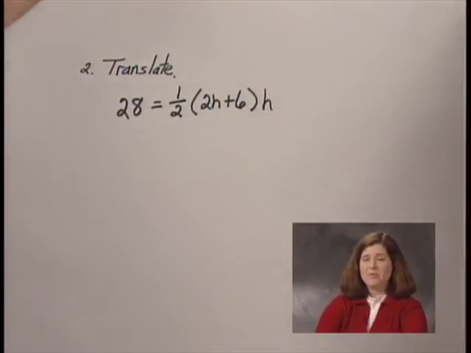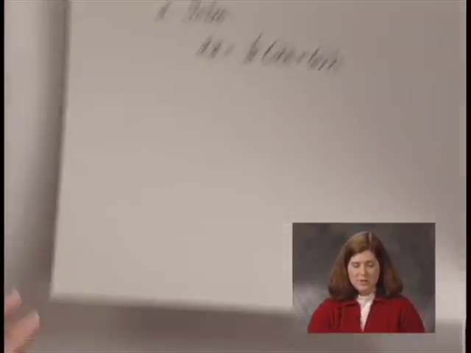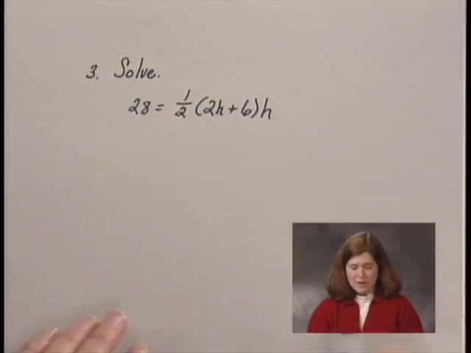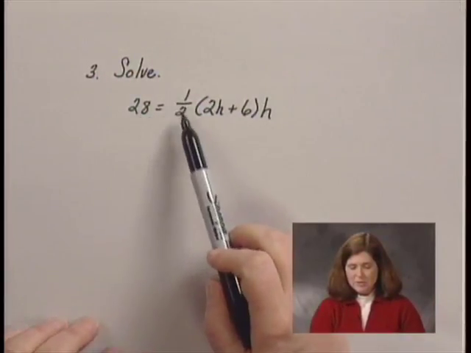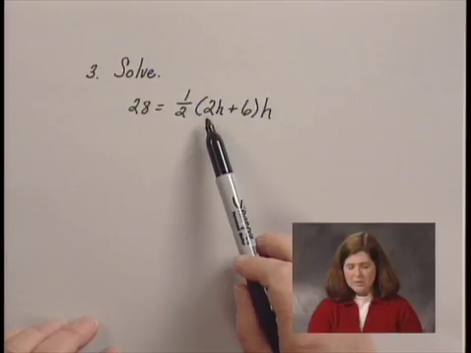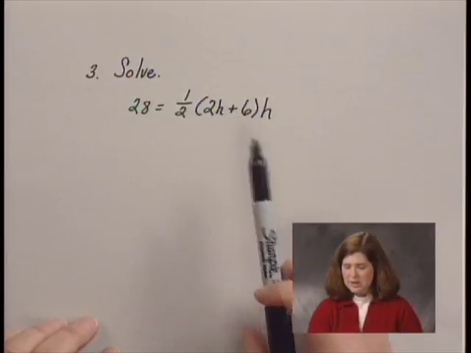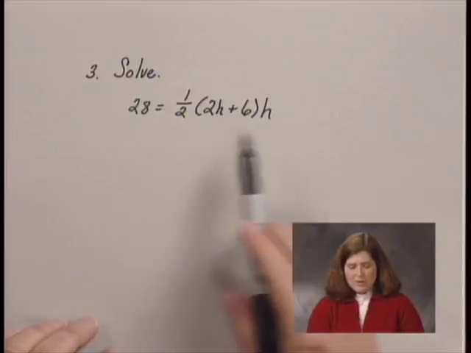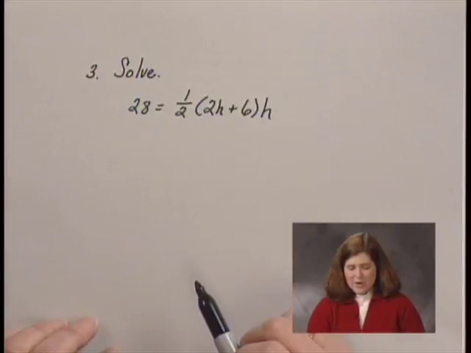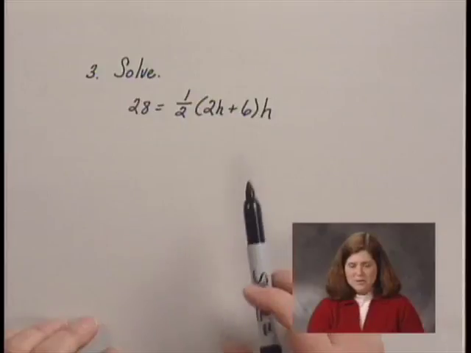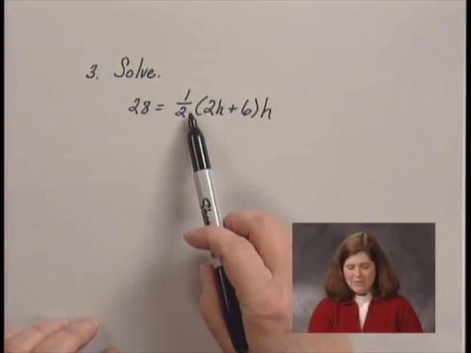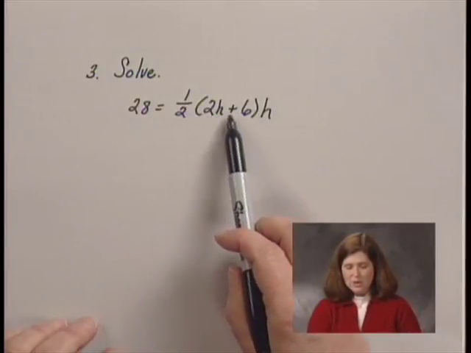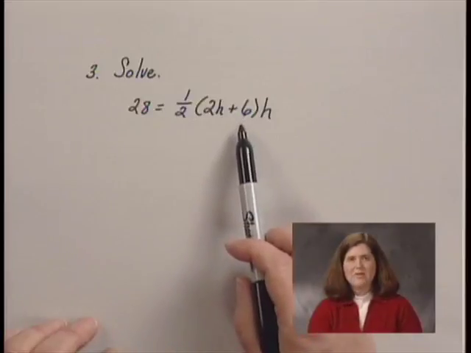We can move to step 3, and that is to solve the equation. We want to solve 28 equals 1/2 times 2h plus 6 times h. The first thing we want to do is simplify. I notice, we can do this in different order, but I notice that if I multiply 1/2 times 2h plus 6, I wouldn't have any fractions left.